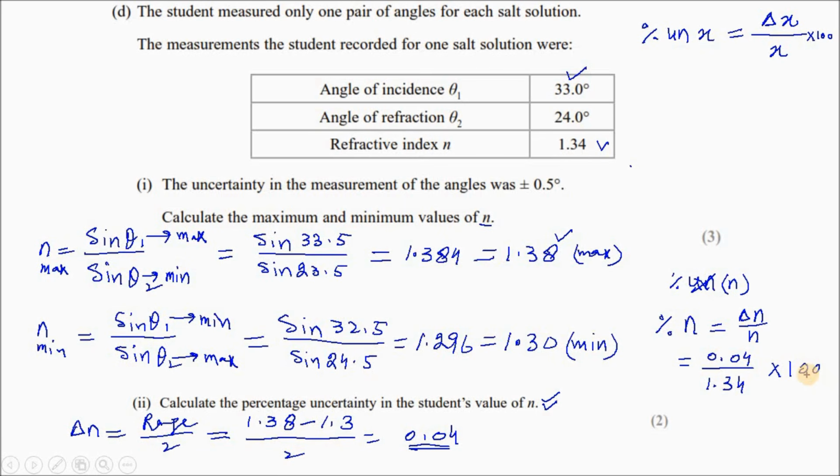So percentage uncertainty would be equal to 0.029 multiplied by 100, or just round it off to 2.9%, or you can say 3% is the percentage uncertainty in the refractive index.